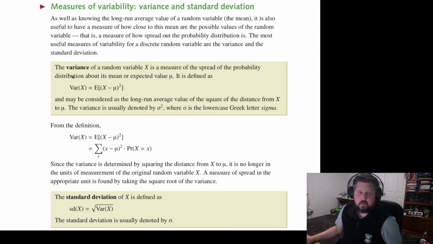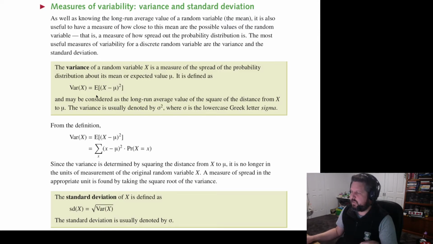It says here the variance of a random variable x is a measure of the spread of the probability distribution about its mean or the expected value, which we know is mu. So to calculate the variance of x, it is the expected value of x take away mu, and squaring that value.